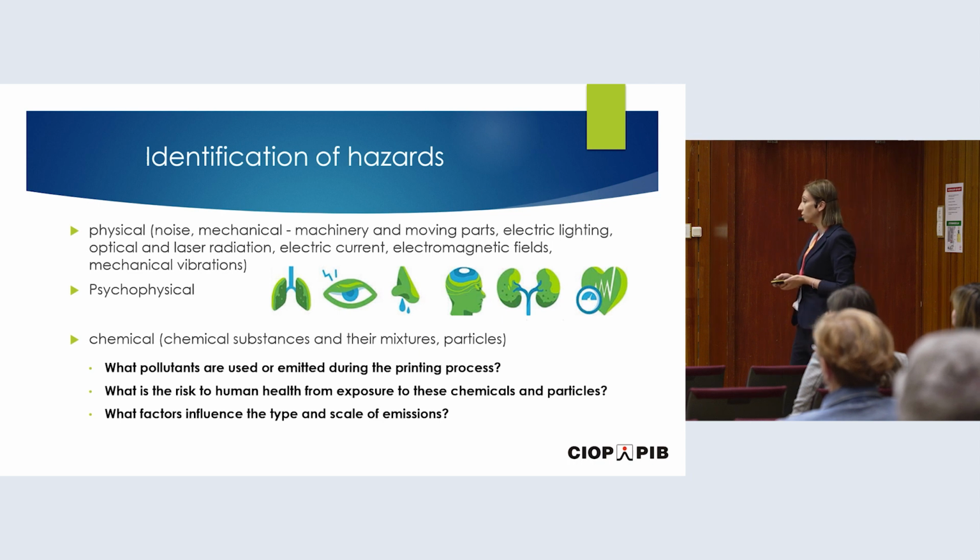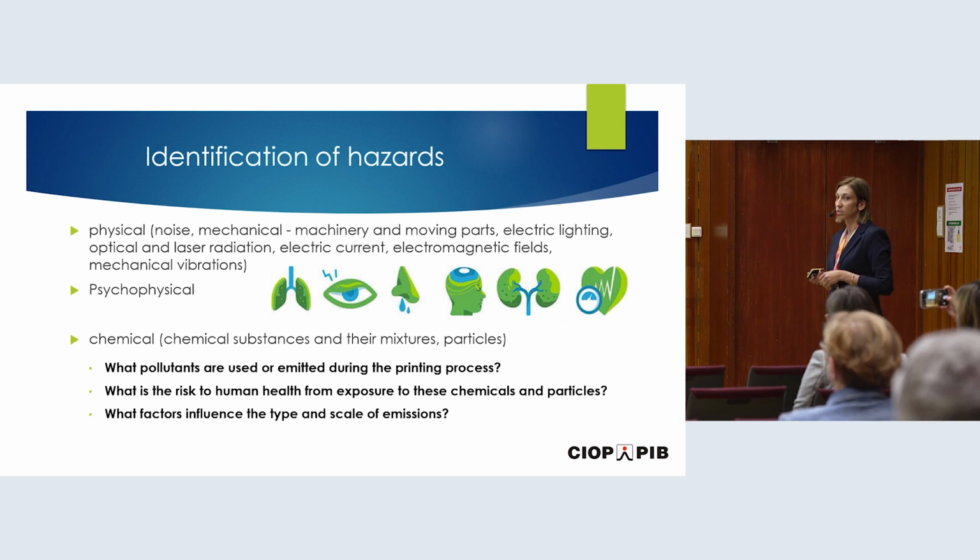The identification of hazard is the most crucial step, of course, in the risk assessment, and of course we should take into account that the hazards are caused by different types of factors, starting from the physical, like noise, machinery, moving parts, that can be, of course, a hazard in additive manufacturing, psychosocial, concerning, for example, stress at work, and then the chemicals.